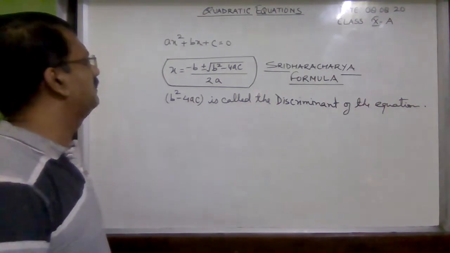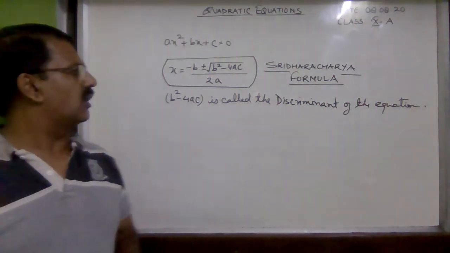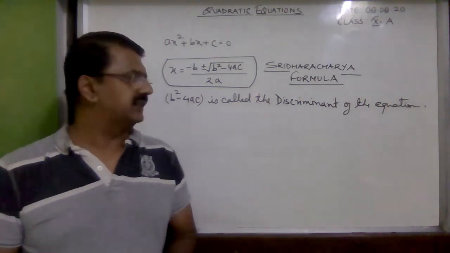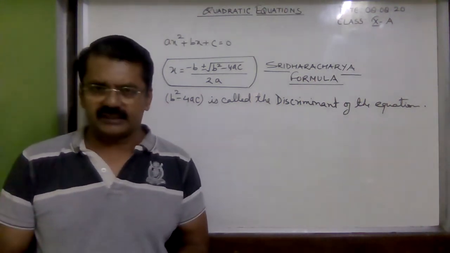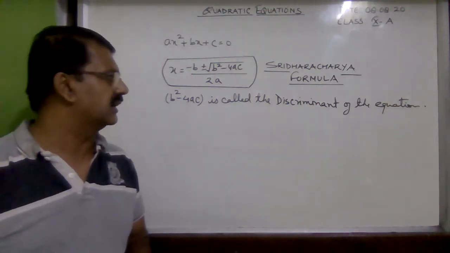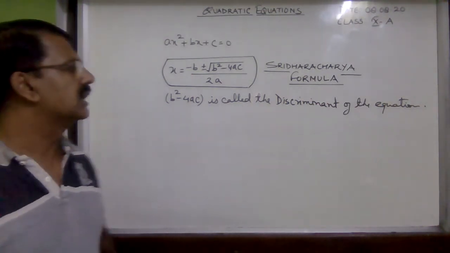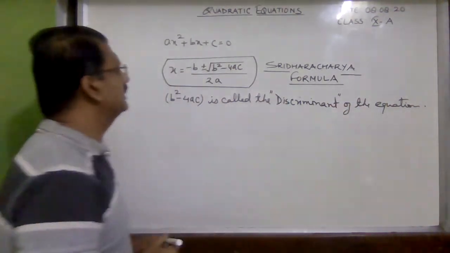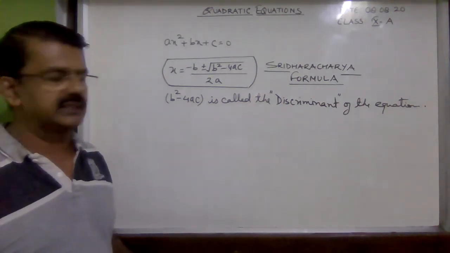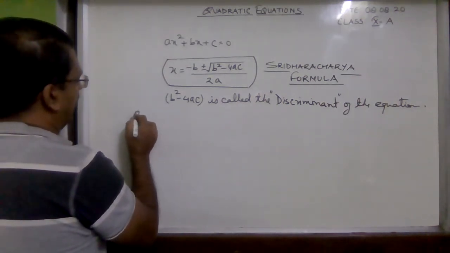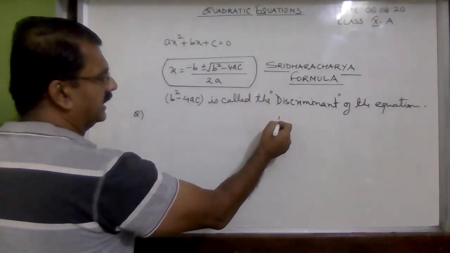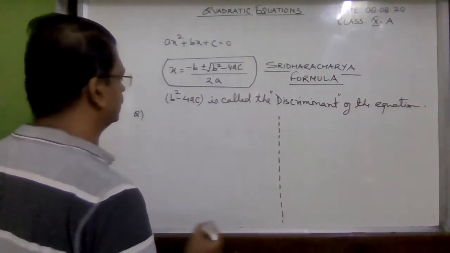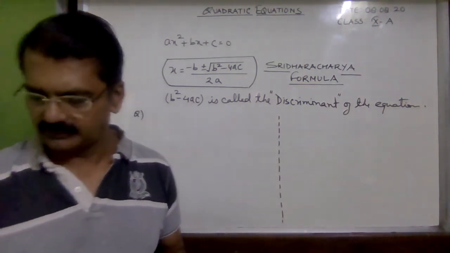So always remember, b square minus 4ac is called the discriminant of the equation, and this quantity is very helpful, and it helps us in various problems. So that I will show you later. So always remember, this is the discriminant, b square minus 4ac. Now I'll solve one question in which we will find the value of x from a quadratic equation using formula.